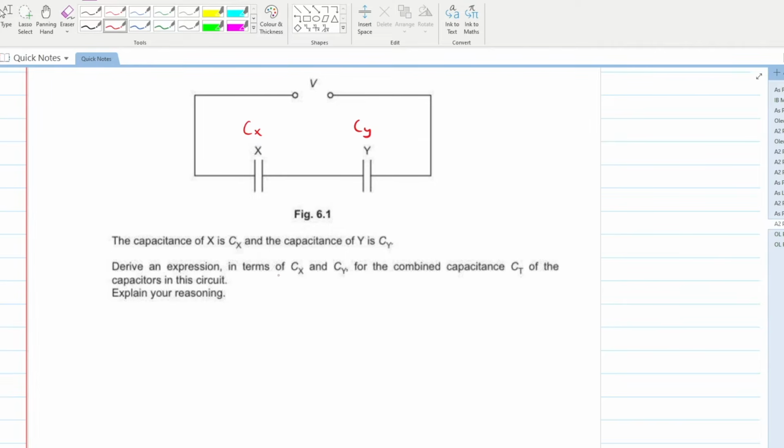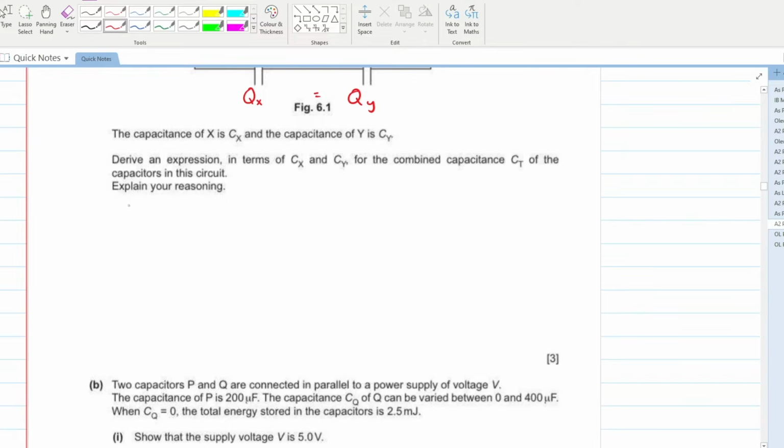Explain your reasoning. बेटा सीरीज में एक बात हमेशा हमने याद रखनी होती है कि charge on one capacitor is equal to the charge on the other capacitor. And that is equal to the charge of the battery, that is the total charge. So I can write it here. The total charge is equal to the charge on X is equal to the charge on Y. Also, the total voltage V is equal to the voltage on X plus the voltage on Y. Now, do you remember that voltage can be represented as charge divided by capacitance?